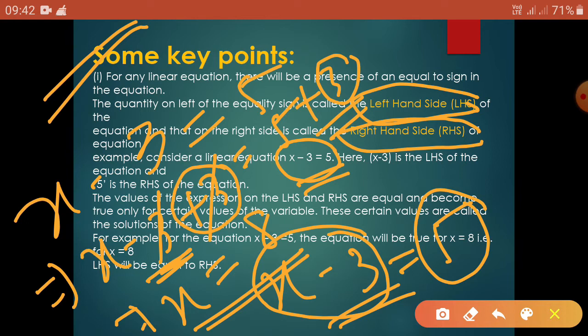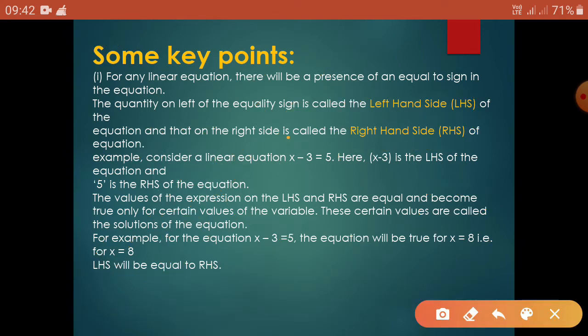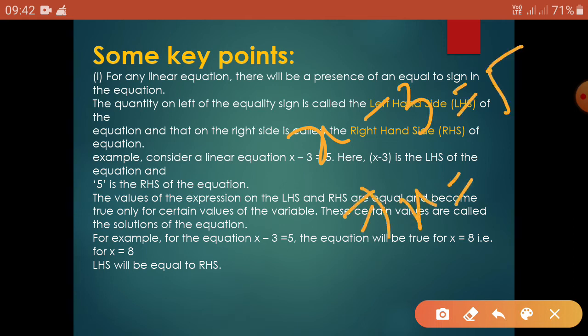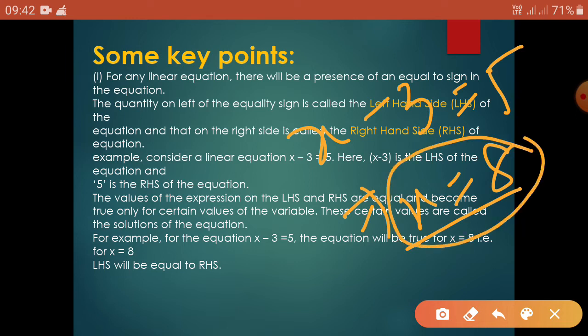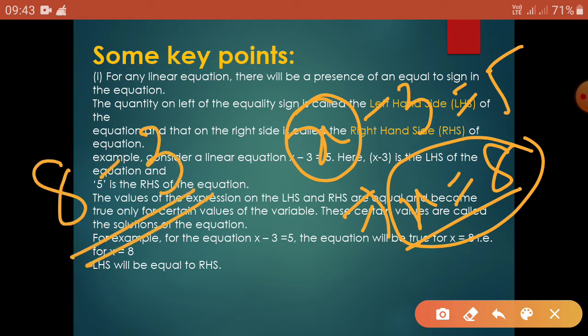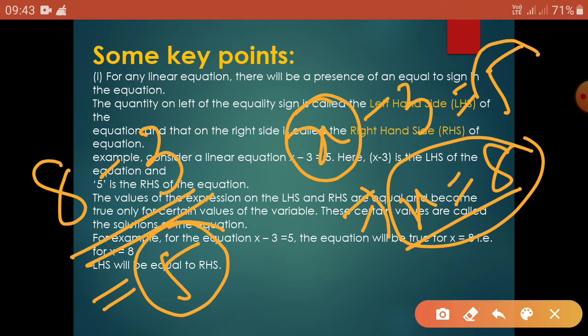So for the equation x minus 3 equal to 5, we are getting x is equal to 8. Now if we replace the value of x in the equation using 8, what will we get? x minus 3 means 8 minus 3, because x is equal to 8 we have obtained, so the value is 5 on the left hand side and the value on the right hand side is 5.